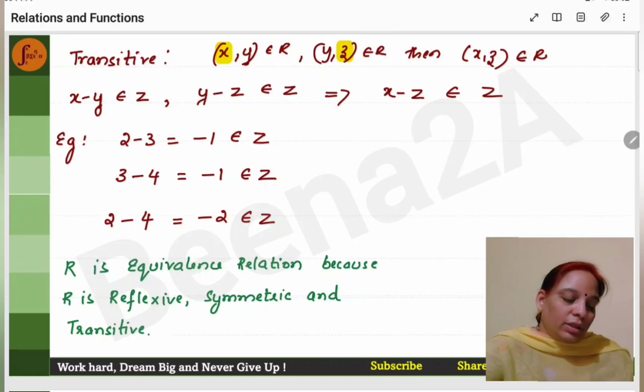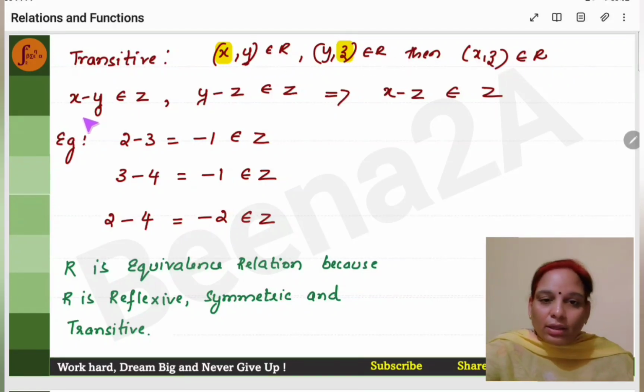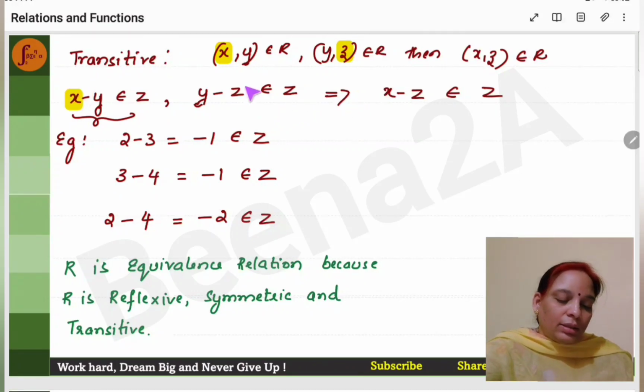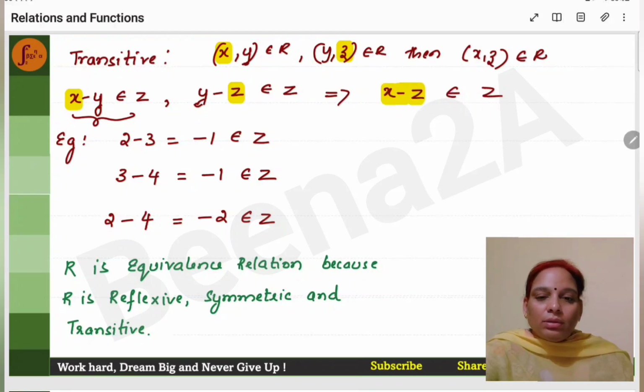Now here, let's take this x, y, y, z, x, z combination. So what is the relation? x minus y should belong to Z. Now if x minus y belongs to Z, then I'll take the y, z combination. Then y minus z belongs to Z, which implies that the first element x and last element z, x minus z belongs to Z. This is true.